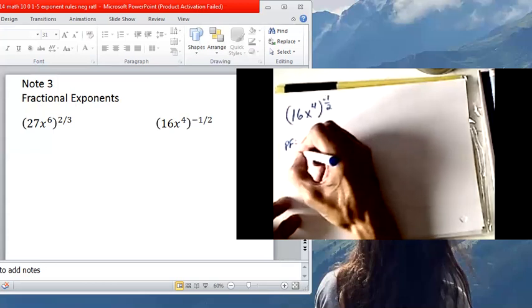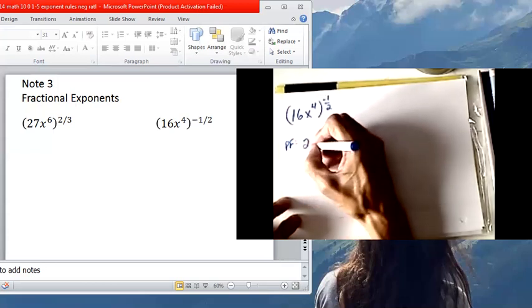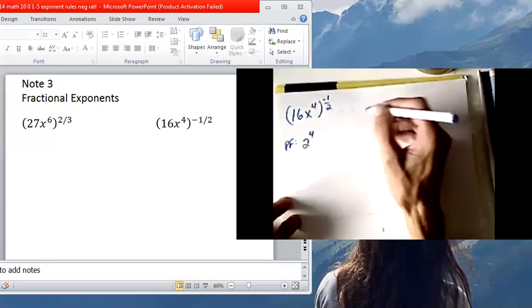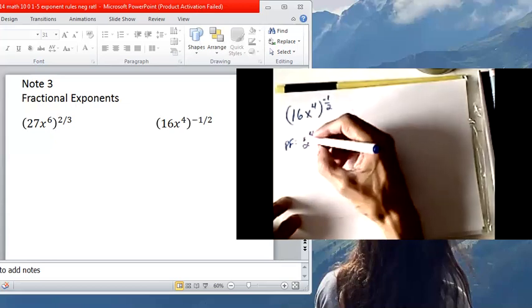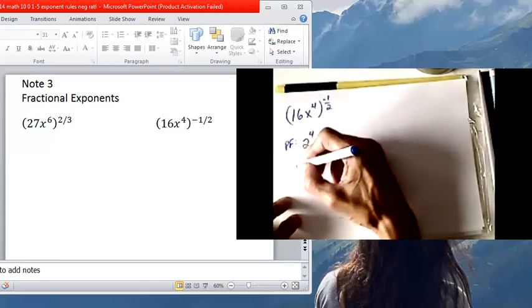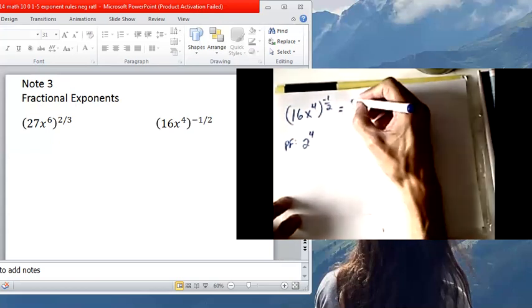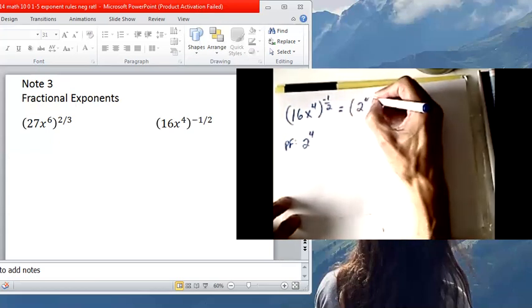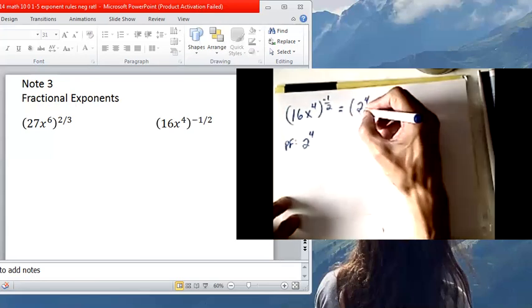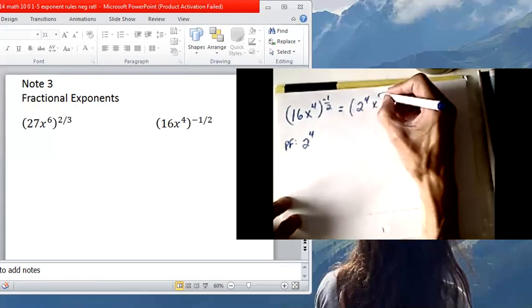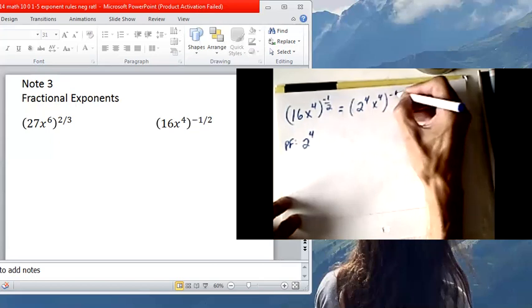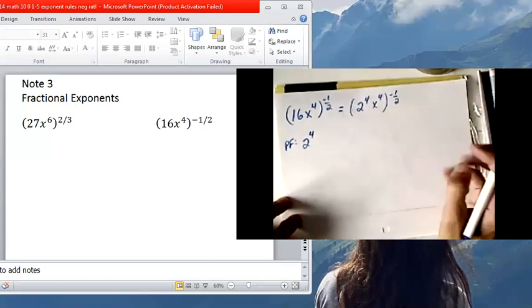16 though, for the prime factorization, 2 to the 4. Okay, if you don't believe me, choose your favorite method, repeated division, factor tree, that can work out. So we rewrite the expression, because there's an exponent there, negative a half like that. You see?